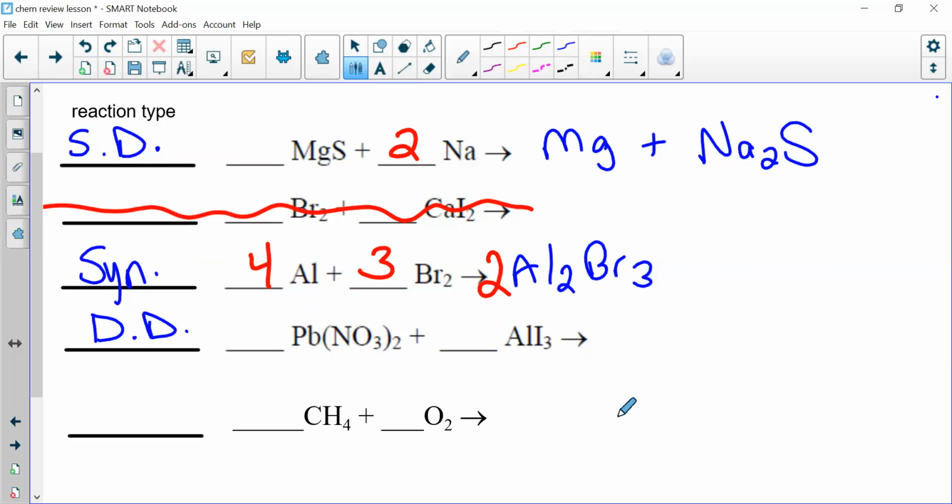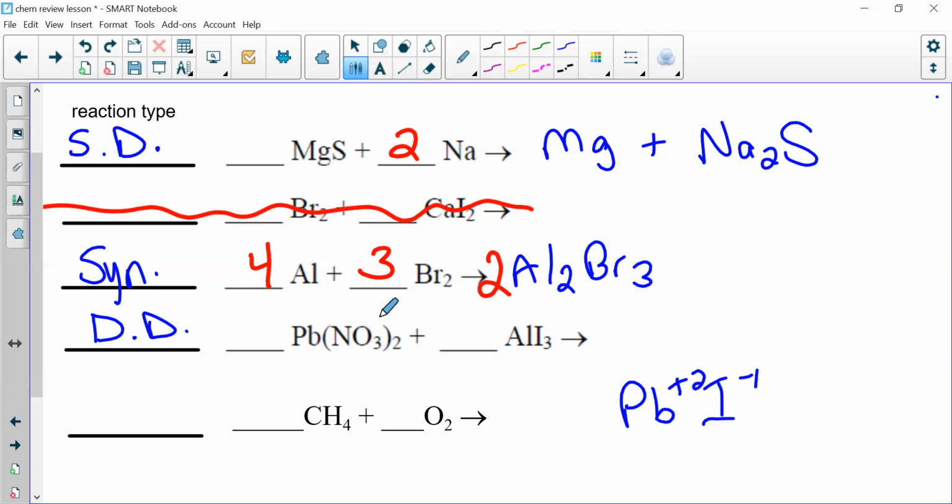What will lead bond with? What's the lead going to bond with from this one? So this is AB plus CD. A is going to go with D. So what's D? Iodine. Good. So I'm just going to write down, we said lead is +2 and iodine is -1. I'm just going to write them there for now.